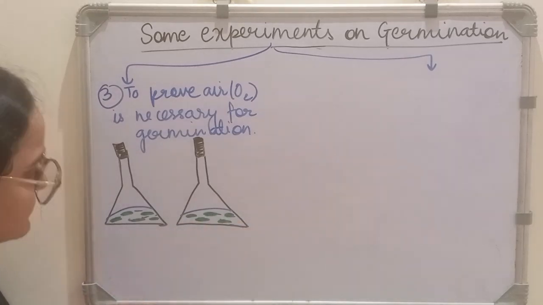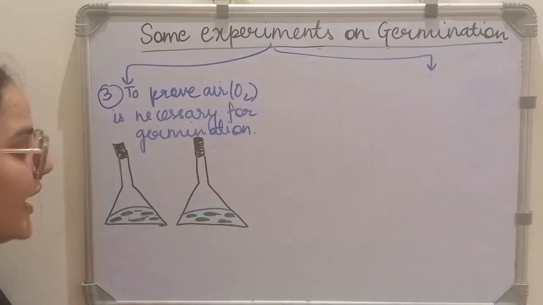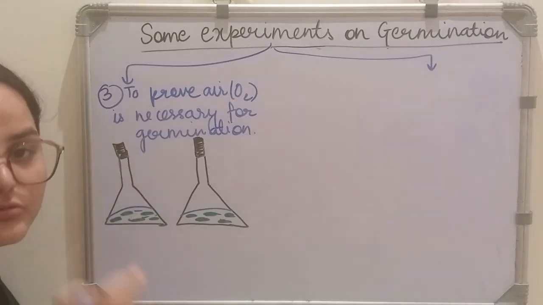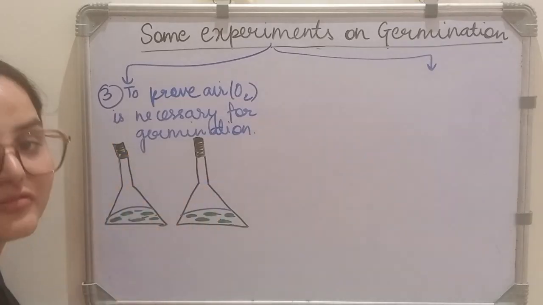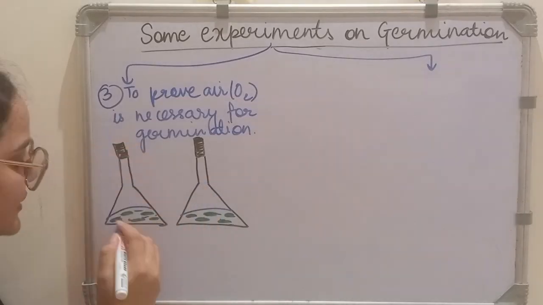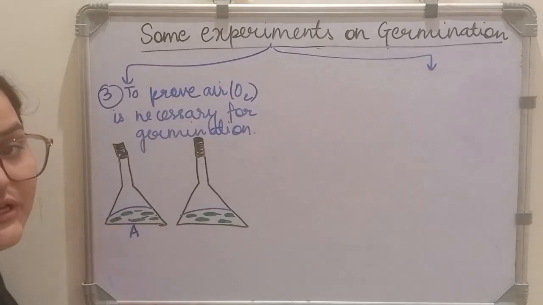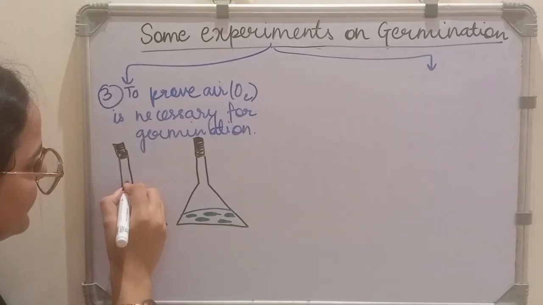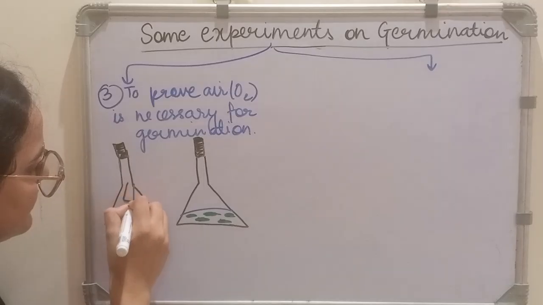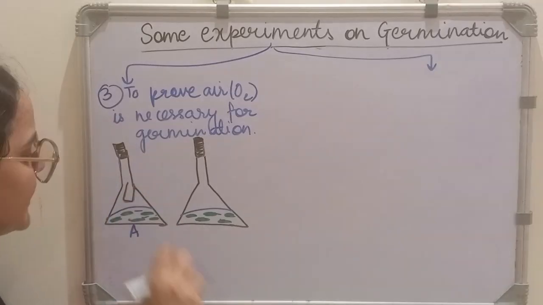Now here we are taking an extra tube which is inserted inside this conical flask, and in conical flask A we have plain water. So in the test tube of the conical flask we have normal plain water.